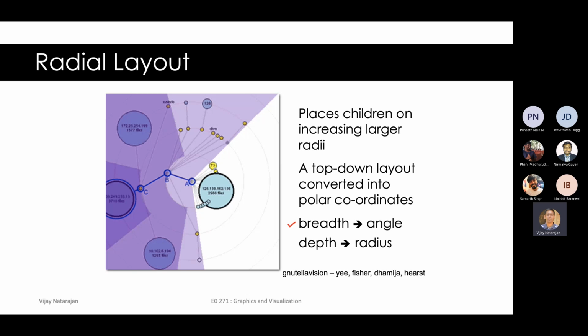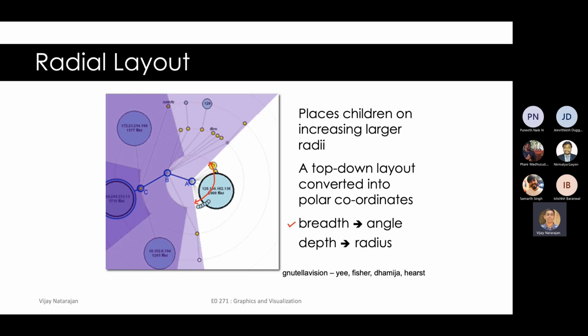So what this means is if A has a few children, they are all located on a circle centered at A, and the sector associated with a particular node is proportional to the size of the subtree that is rooted at that child.